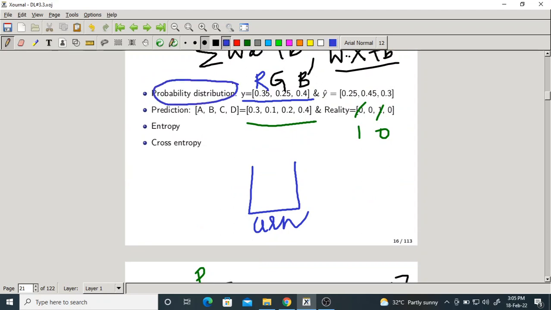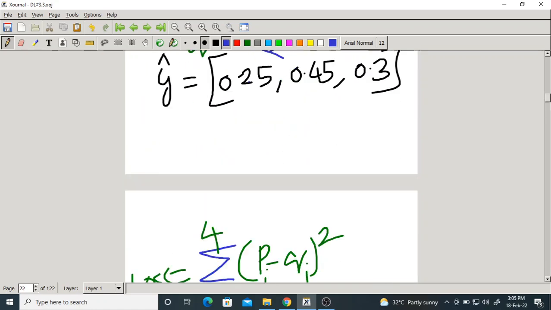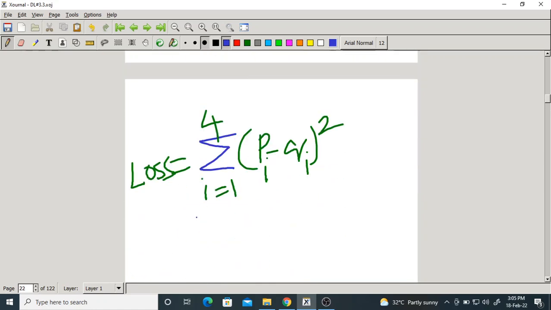Whenever the true values and predictions are probability distributions, what is a better loss function than the squared error? We need a function which can define the deviation accurately. That is what we need to find out.